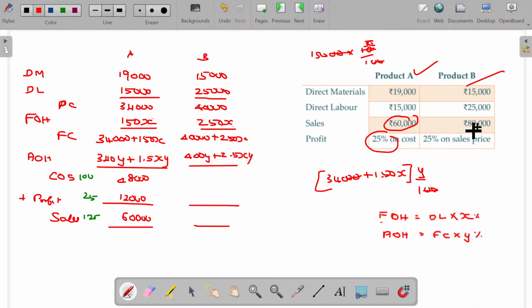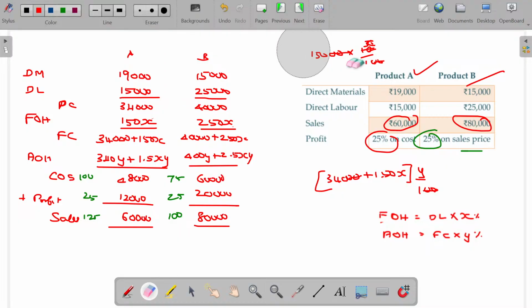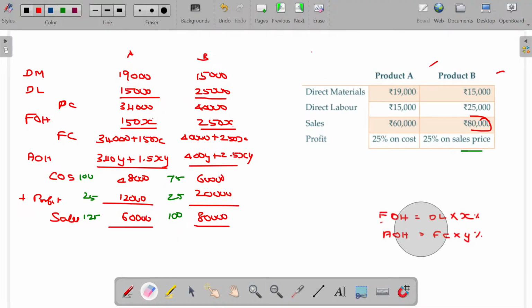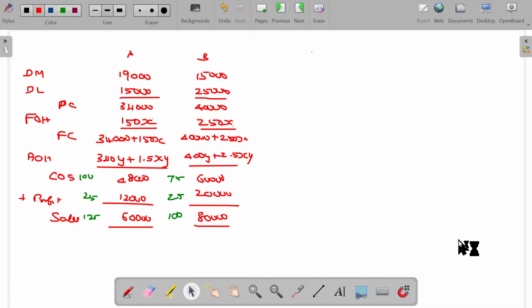And in case of product B, sales being 80,000, profit 25% on the sales price. If the sales being 100, profit being 25 and cost being 75. Do the cross multiplication. So this will be 60, so 20. Cost of sales should be 60,000. Is that clear? We have now drafted the entire cost sheet here.